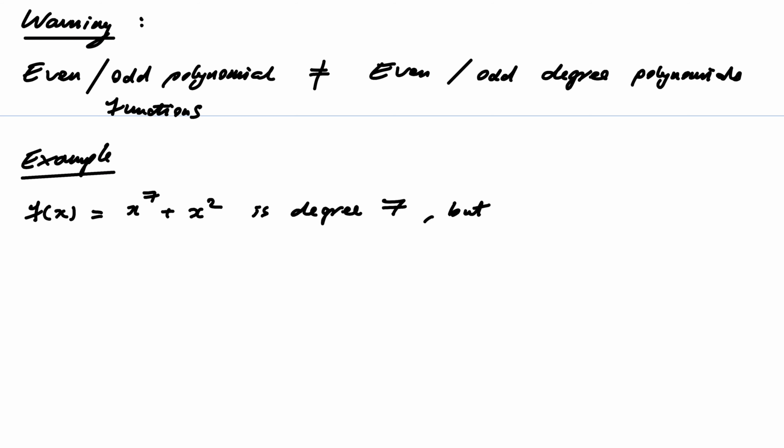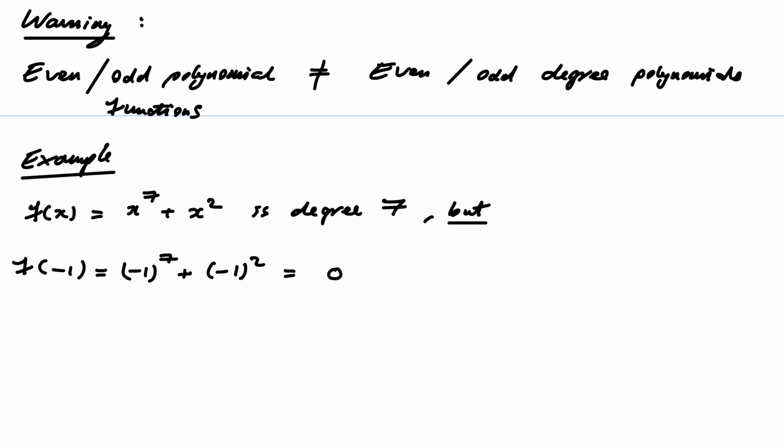So f of minus 1 is equal to what? Well, it's minus 1 to the 7 plus minus 1 squared. So that'd be minus 1 plus 1, that's equal to 0.